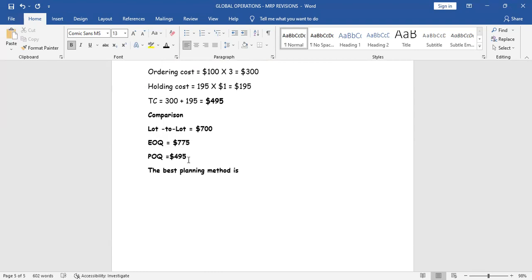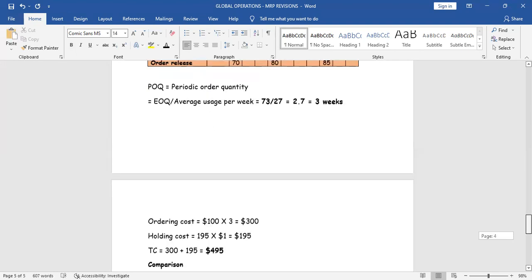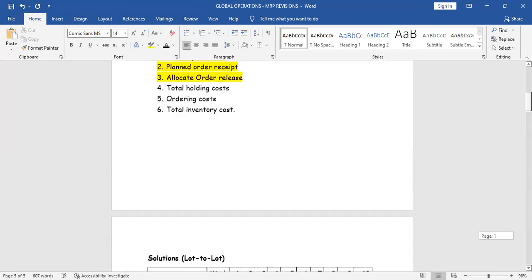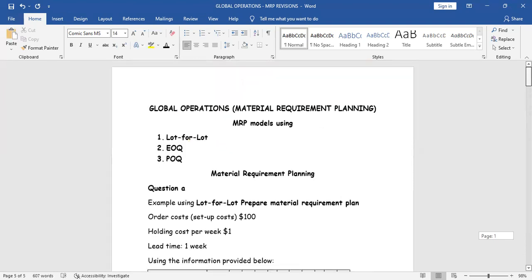It is POQ with the lowest cost. Thank you. So this is what I had to tutor on material requirement planning.